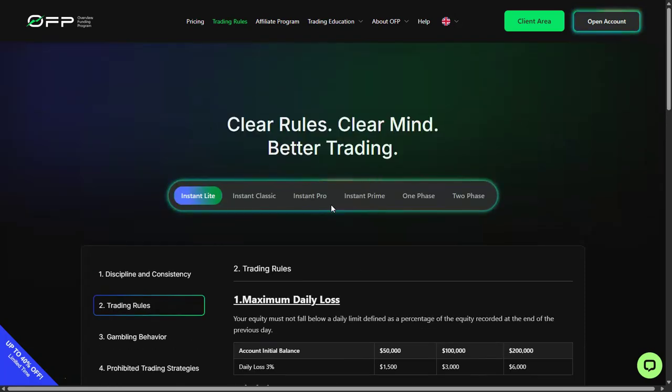So what you want to do is: number one, one trade per day. Reduce your risks. Avoid news. Don't mirror your trades across accounts. One trade per day.